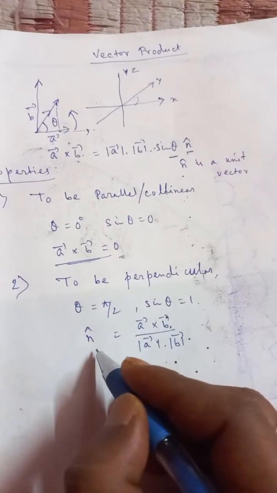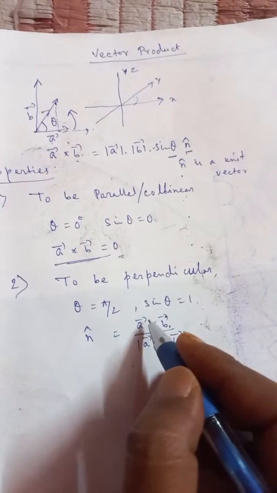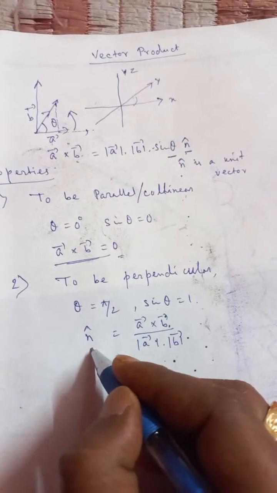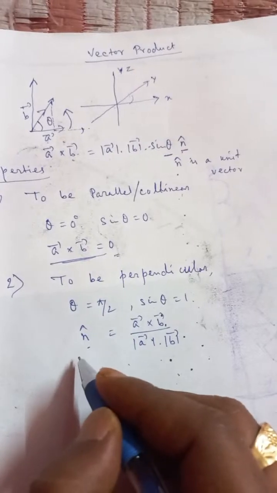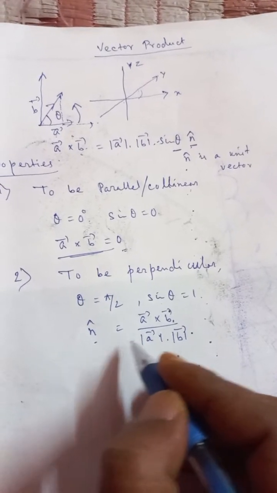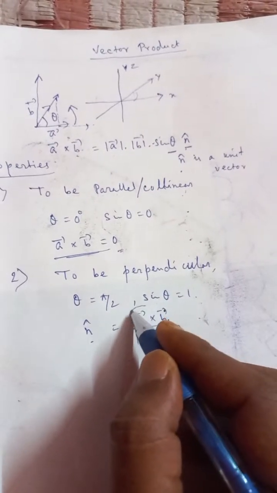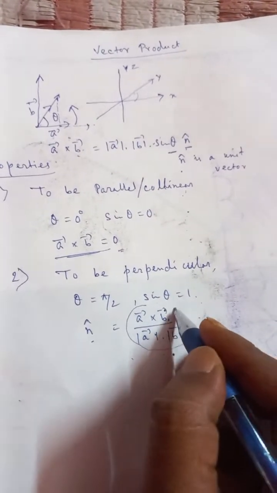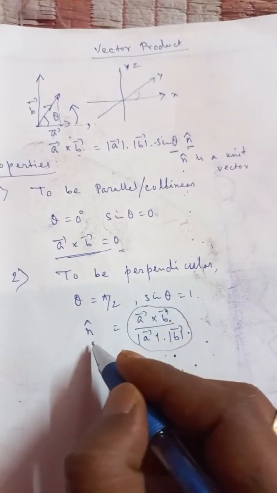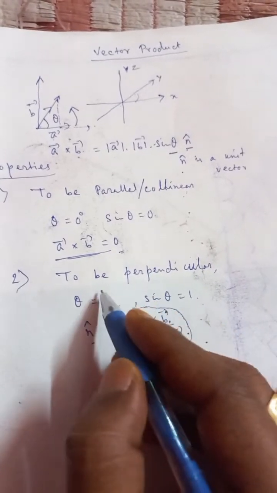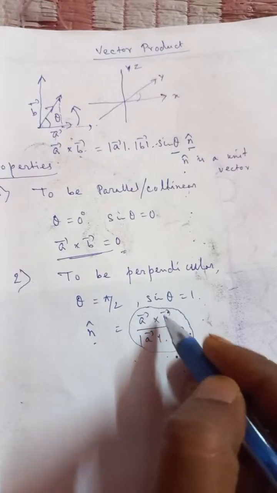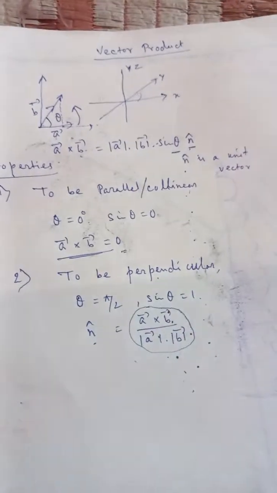So its direction will be the same as the unit vector, and its value is that of a unit vector, n cap. Then we can say that the two vectors A and B are perpendicular to each other.